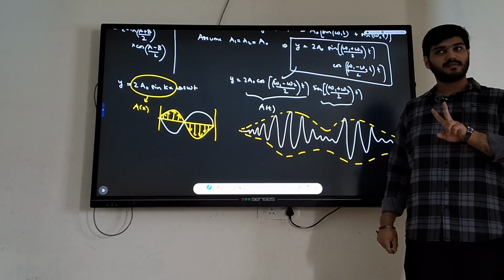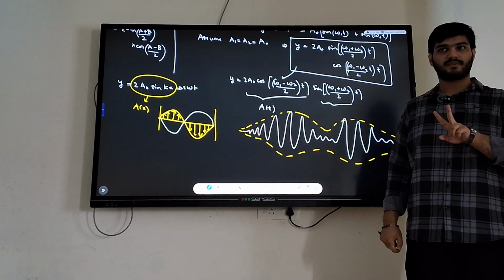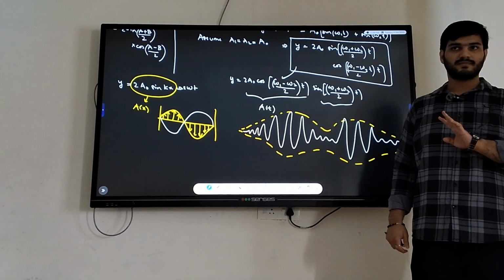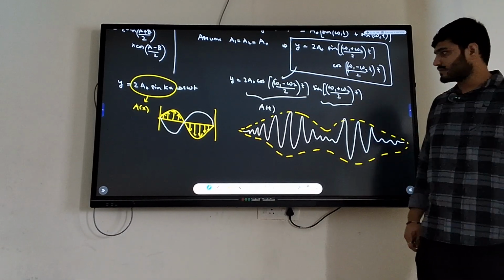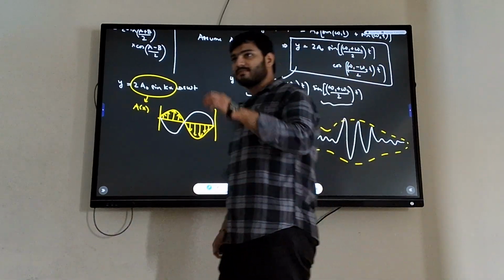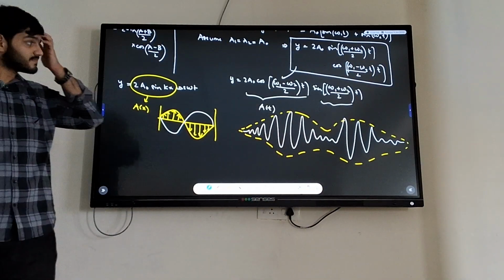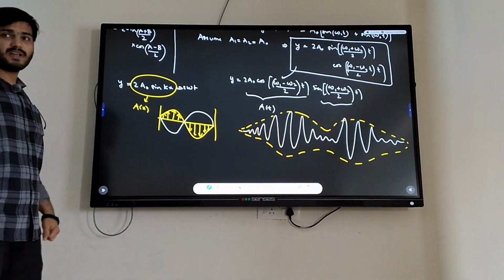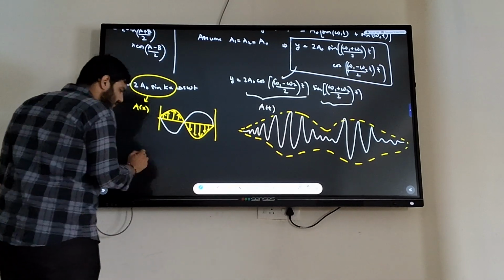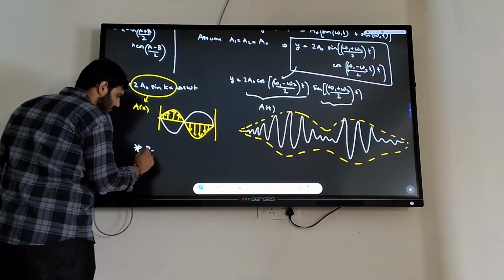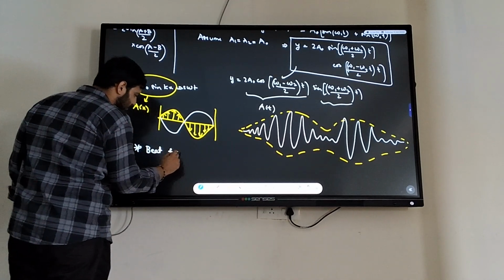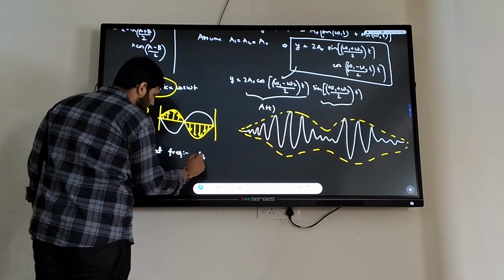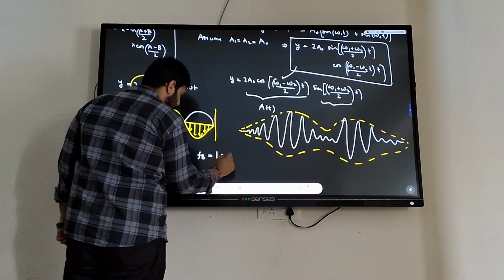So there are two terms here. Be very careful of it. Do you understand? Good. There is something called the beat frequency. I'm not doing the derivation for it, but the beat frequency is given by the modulus of f1 minus f2.